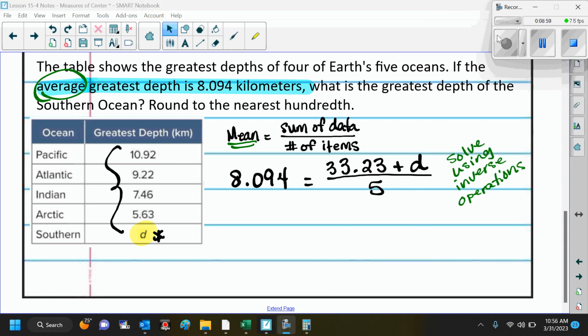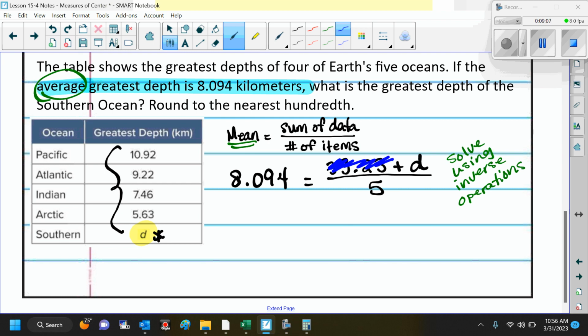So remember, when we're solving using inverse operations, we want to use our cover-up. So we're going to cover up this part up here, because that's what we're solving for. We've got that D up there. And what do we need to get rid of? We want to get rid of the 5.